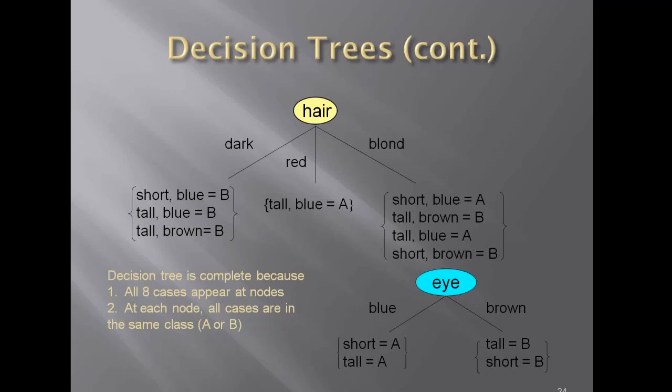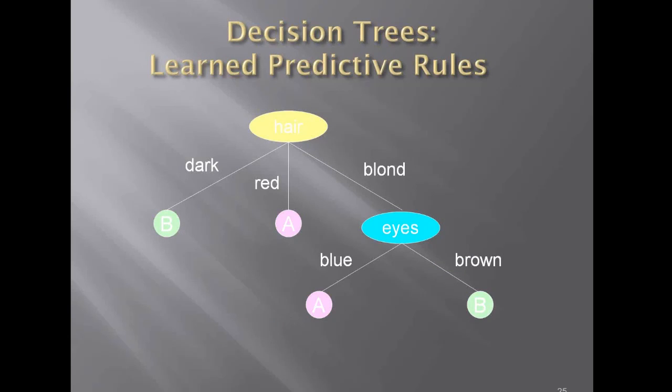Now we have a completed decision tree, because all 8 profiles appear at specific points or nodes. At each node, all profiles are in the same class. Everything fits into an A or B. So this will help us predict, using this classification system, what profile fits where.